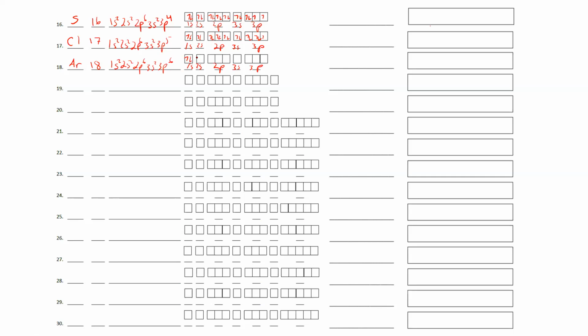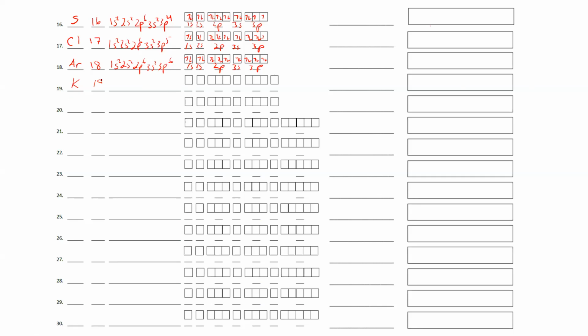So 1, 2, 3, 4, 5, 6, 7, 8, 9, 10, 11, 12, 13, 14, 15, 16, 17, 18. There we go. Okay. So that fills up the shell for argon. Now, argon is our next core as we start the fourth period with potassium.